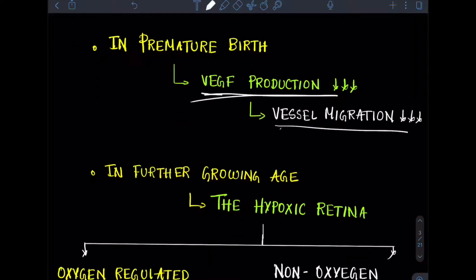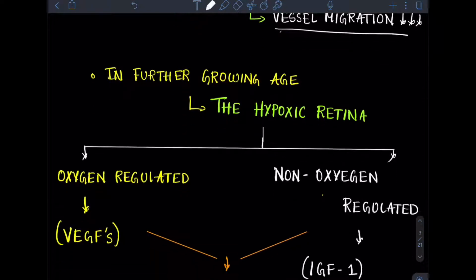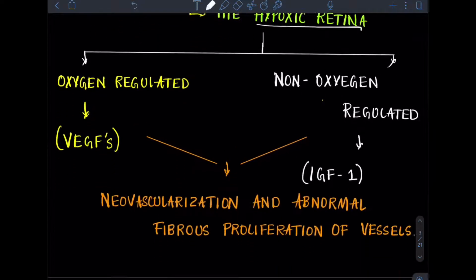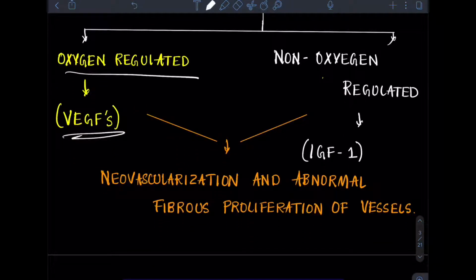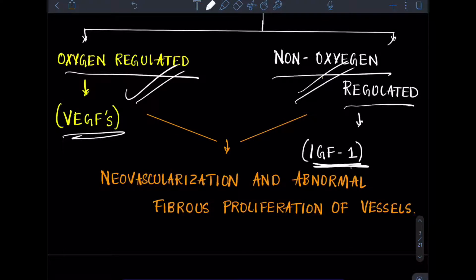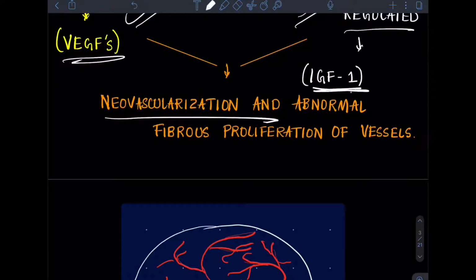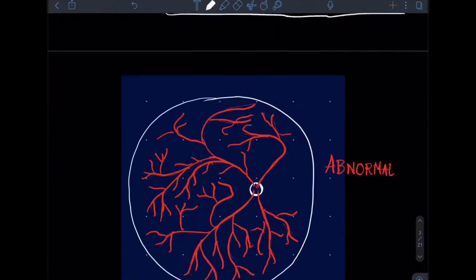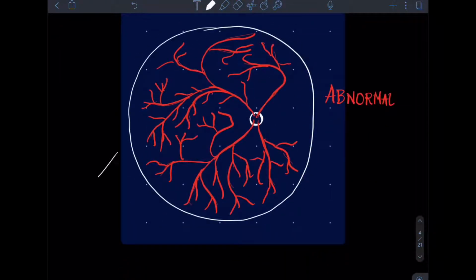Now, in the further growing age of the infant, the hypoxic retina will produce growth factors such as VEGF, which is oxygen regulated, and also insulin like growth factor 1, which is non-oxygen regulated. Due to action of both these growth factors, there is neovascularization and abnormal fibrous proliferation of the vessels, and this leads to abnormal retinal vasculature.